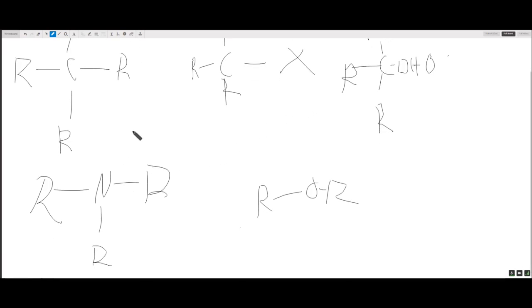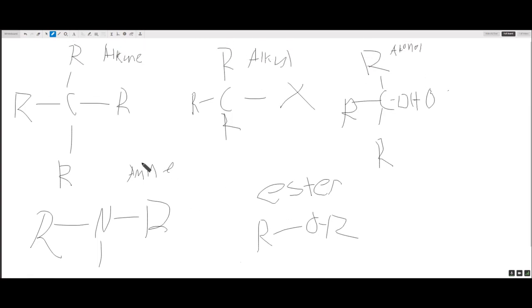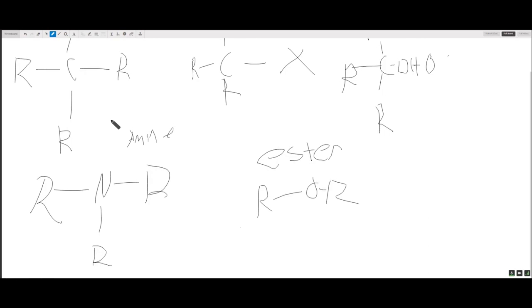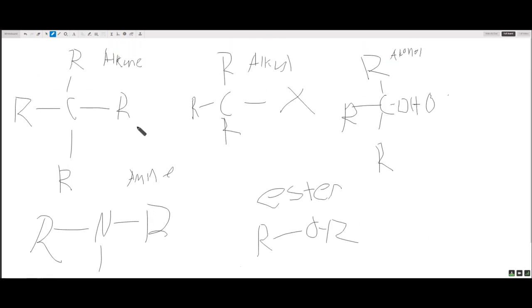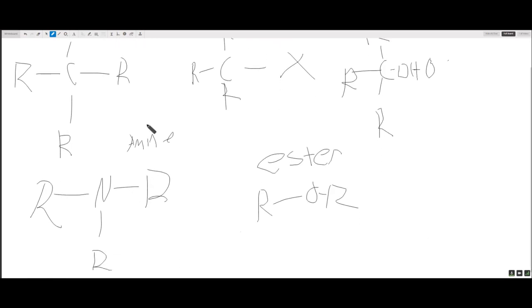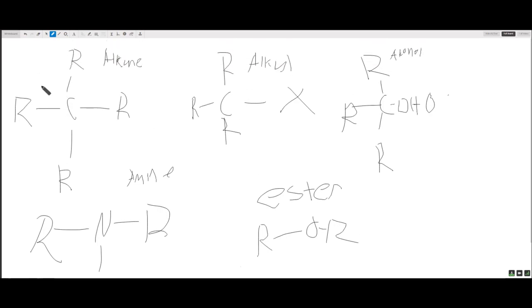This is an amine. And this is an ester. The thing that's important to remember about all of these five components is that, one, they all have single bonds, right?